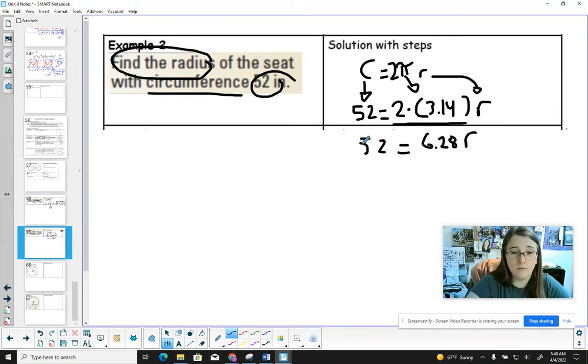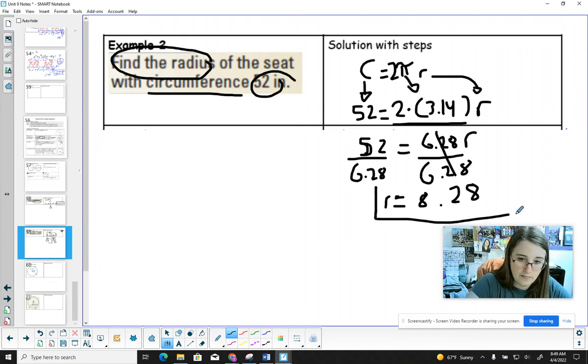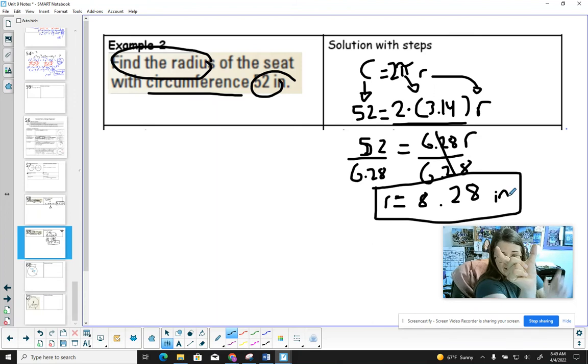And then again, we just got to get r by itself. So what should we do to get r by itself? We should divide by 6.28. That's 6.28 times r. We should divide to get to the opposite. So I got 52 divided by 6.28. We should get 8.28. And again, that's the radius there in inches. So that's the radius there of that seat from the center to the outside.